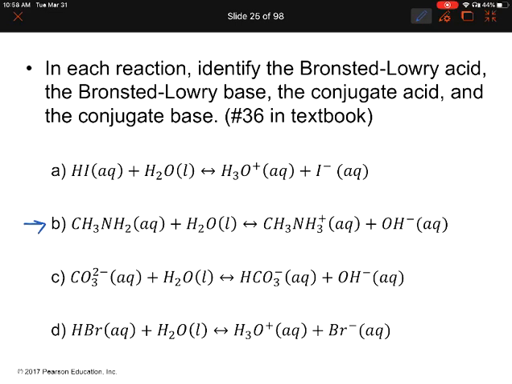Okay, so it looks like this first reactant would pair up with the first product. They look pretty similar. The only difference is the number of hydrogens attached to nitrogen. So it looks like the reactant gained a hydrogen.